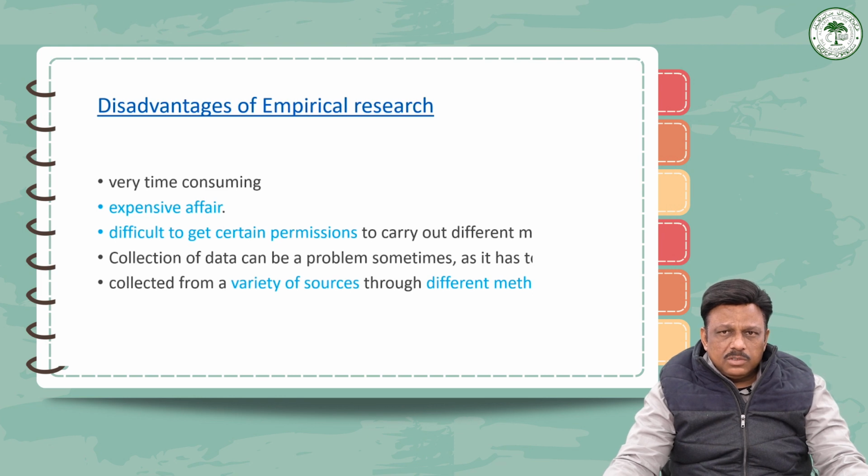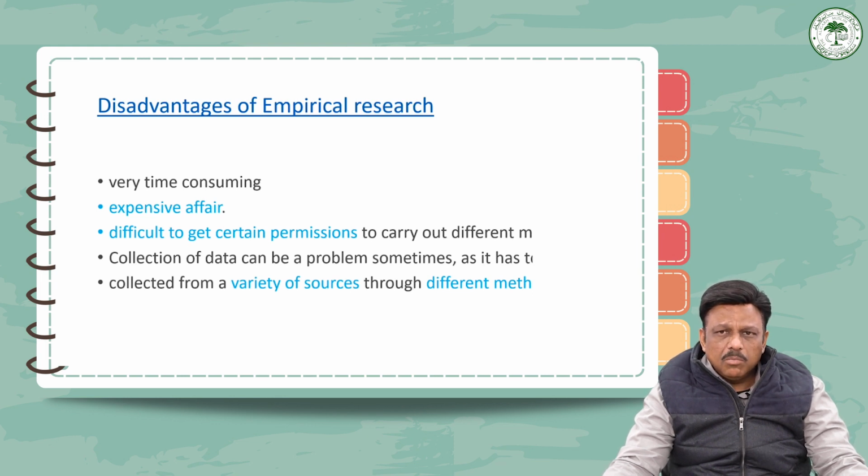Now, if we talk about disadvantages, we find such research needs patience, as it can be very time consuming. The researcher has to collect data from multiple sources and the parameters involved are quite a few, which leads to time consuming research. Most of the time, the researcher will need to conduct research at different locations or in different environments.